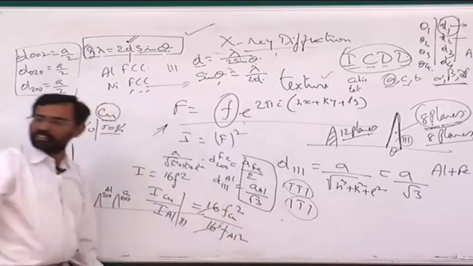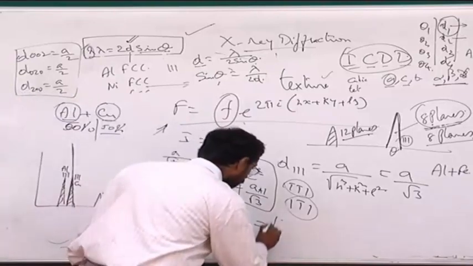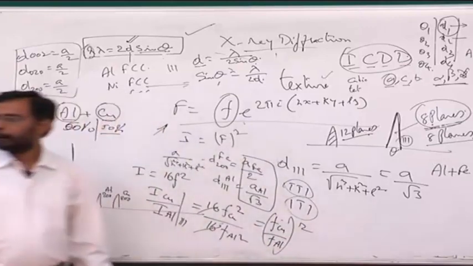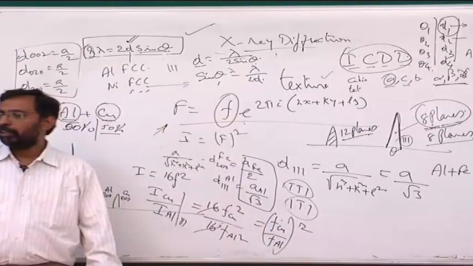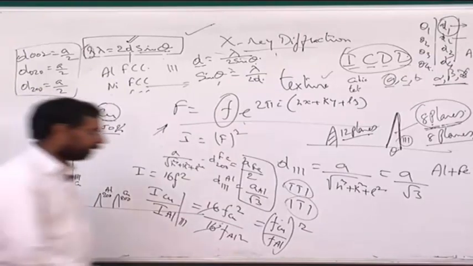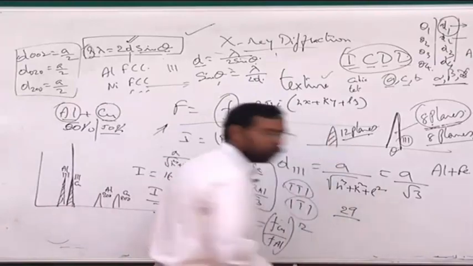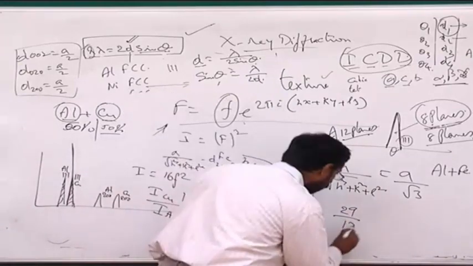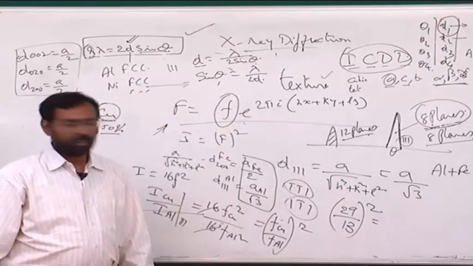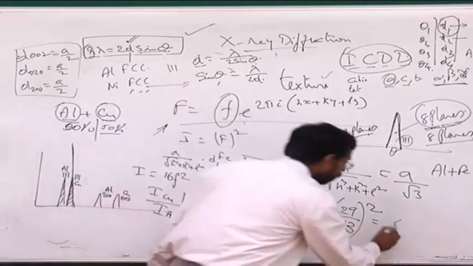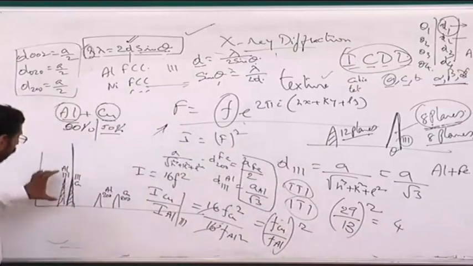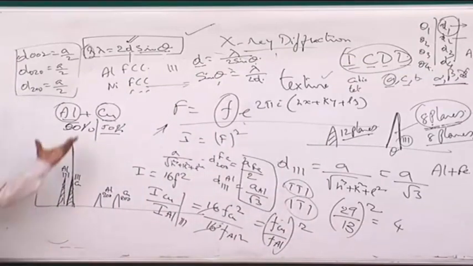If I forget about the 16, then it is F of copper by F of aluminum, squared. The copper atomic number is how much? 29. And aluminum is 13. So it is 29 by 13, squared. It's almost equivalent to 4 times. So this will be 4 times higher than this, though I have equal amounts.